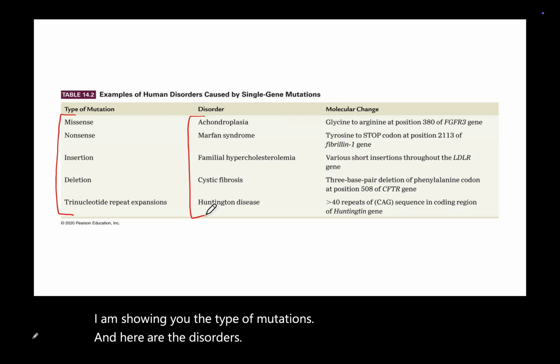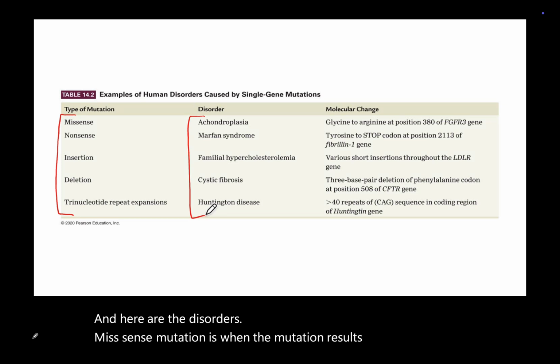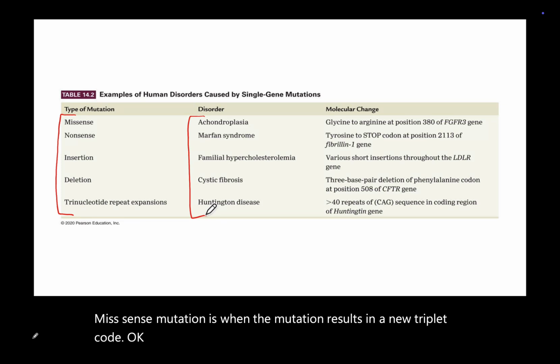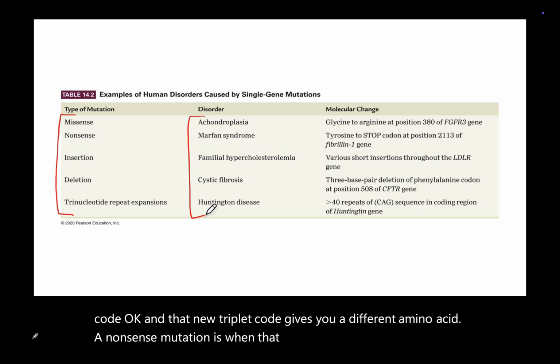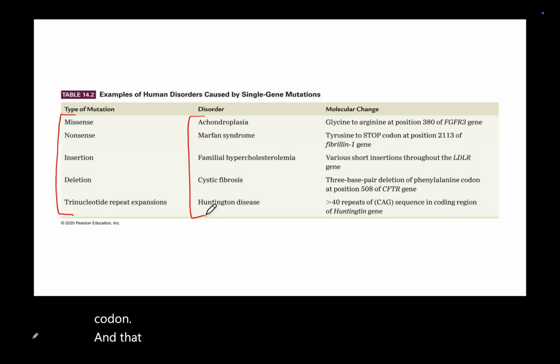Missense mutation is when the mutation results in a new triplet code, okay? And that new triplet code gives you a different amino acid.